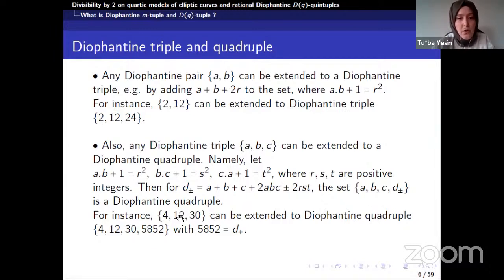For instance, for 12 and 30, which is a Diophantine triple, we can easily check that when we add the number 5852, we get a Diophantine quadruple. This extension is important because every quadruple of this form is called regular. And one of the main open problems in this field is whether every quadruple is regular.